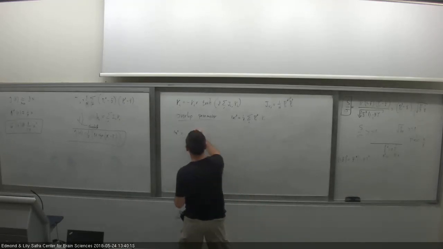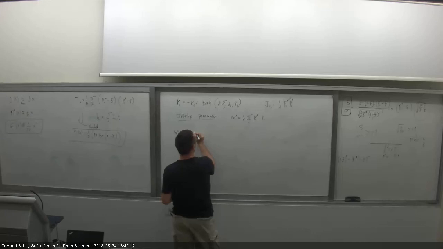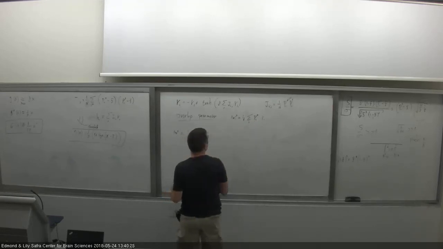Okay, so this would be equal to 1 over n, sum over i, pi1 times ri dot.